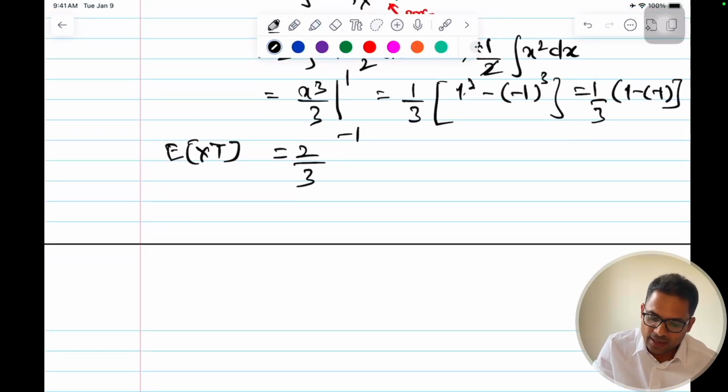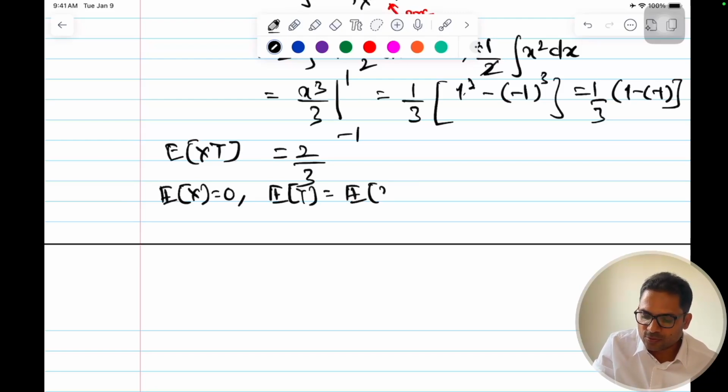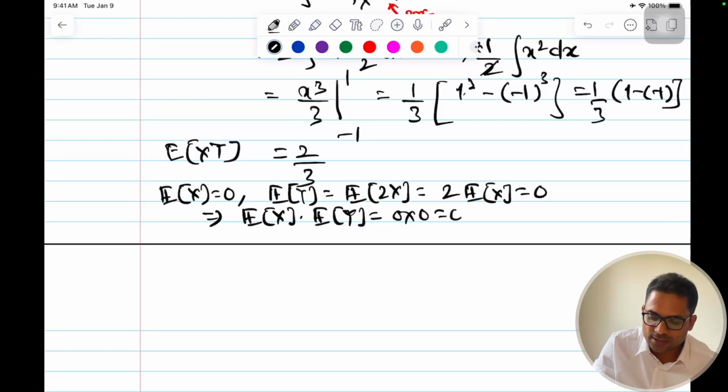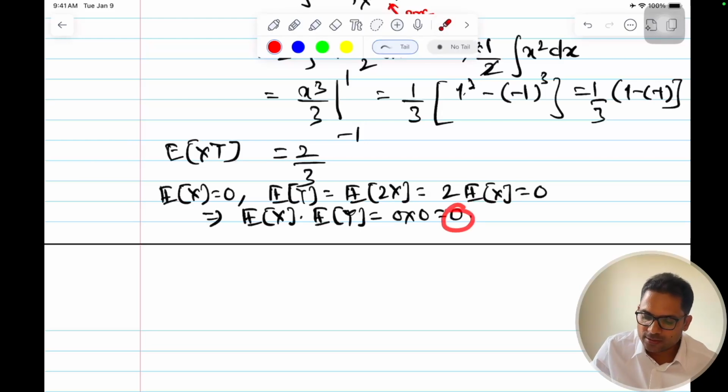Okay, and what will be the expected value of x? This is 0. What will be the expected value of y? This is equal to the expected value of 2x, because y is equal to 2x. So this will be 2 times the expected value of x, that is equal to 0. So the expected value of x into the expected value of y is equal to 0 into 0, that is 0.